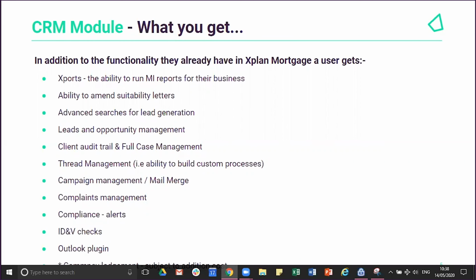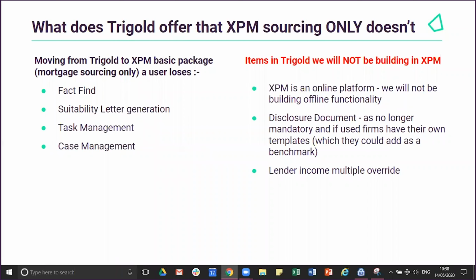So that's the CRM module, which is an additional cost again, but you probably only need one per firm, and it's just that sort of management system that you have in the background. So basically what I'm saying is you could just use Xplan Mortgage just to do your mortgage sourcing like you do on Trigold at the moment, but there are other modules that you can add in. It's just to show you that the system can open up and do a lot more.